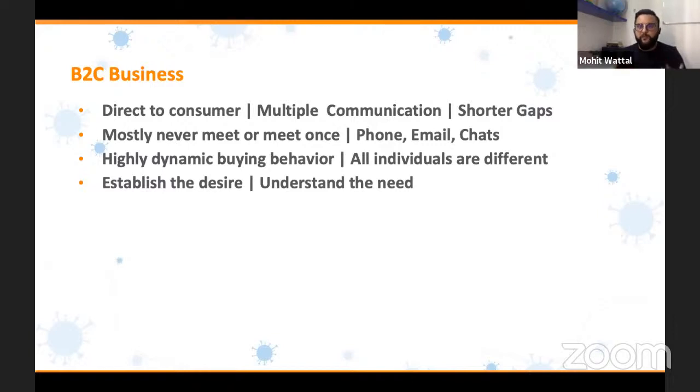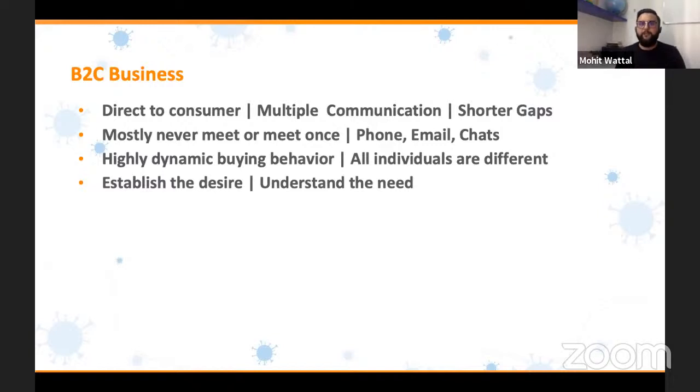Behavior is absolutely dynamic, because me buying a phone where my phone screen is broken and I don't have a phone in my hand, compared to somebody who's buying a new phone where the current phone is working fine and I just need to change, these are two completely different scenarios for me to buy.